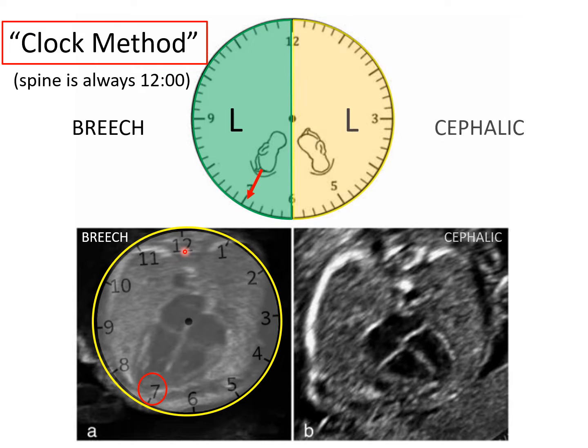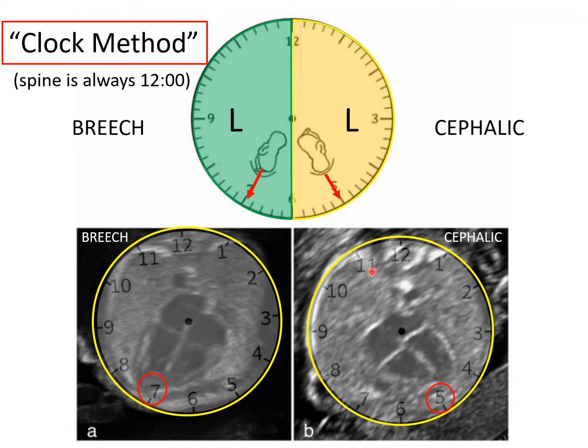If the fetus is in a cephalic presentation, that same clock is used with the spine at 12 o'clock. The apex should be pointing approximately 5 o'clock. This is the clock method. This is a very effective method to tell what is the left side of the fetal chest in either breech or cephalic presentation.